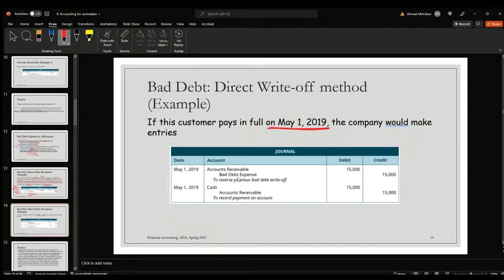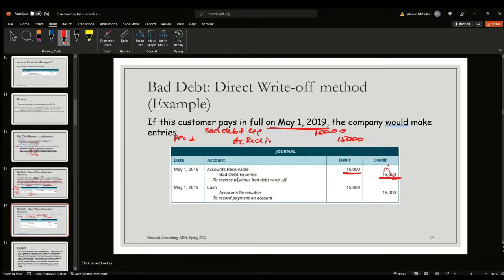So, just not to go back and forth between the slides, I'll copy it here. What we did on December 1, when the payment wasn't made, was debit bad debt expense 15,000 and credit account receivable to write off that bad debt. And now we're just reversing it. We bring back our account receivable through the debit side, and we close the bad debt because it's no longer bad debt.